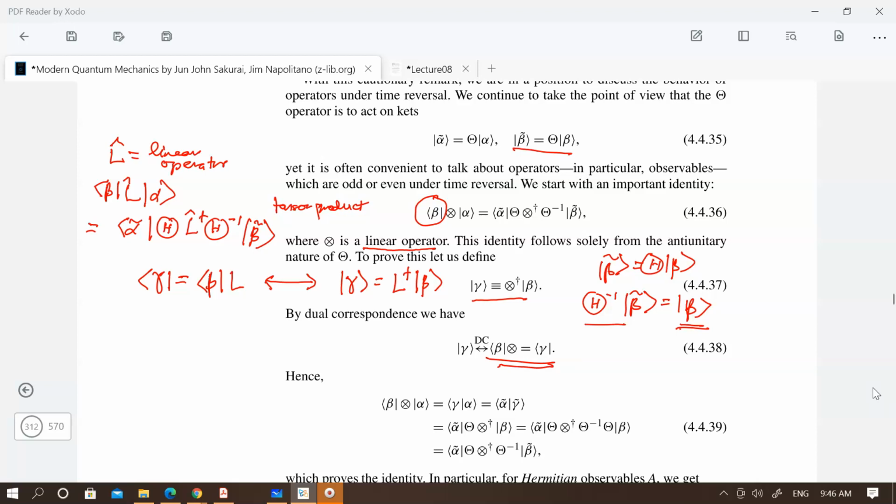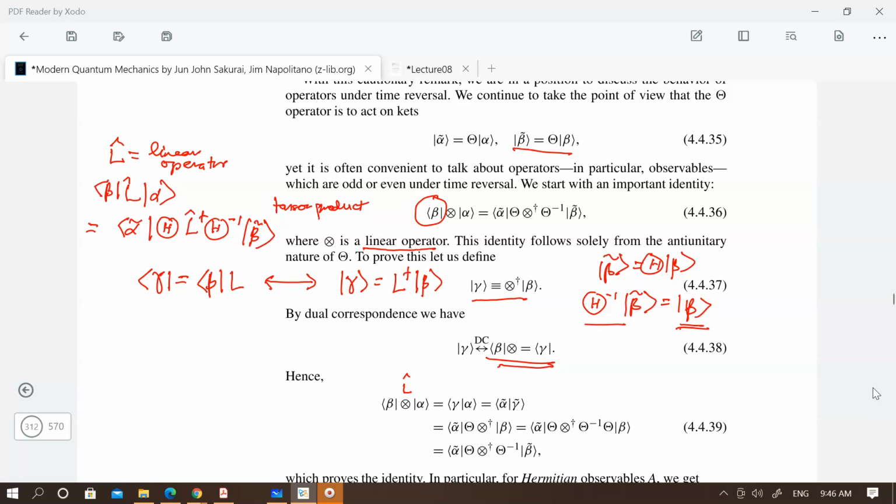Remember that I can convert this beta to beta tilde. So that's essentially the thing over here. Now you just need to replace by that. So bra gamma equals bra beta L.